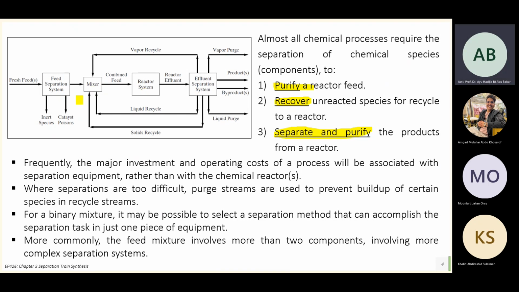So for the feed separation system over here, the raw feed, fresh feeds, you will need to prepare. You will need to separate the inerts or any impurities over here. This example mentioned catalyst poisons.